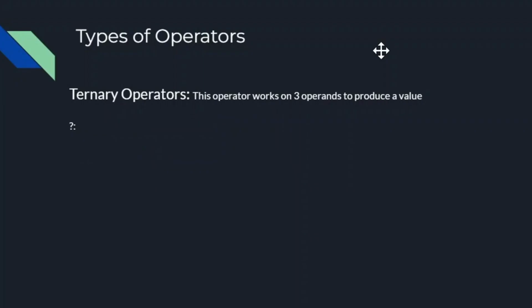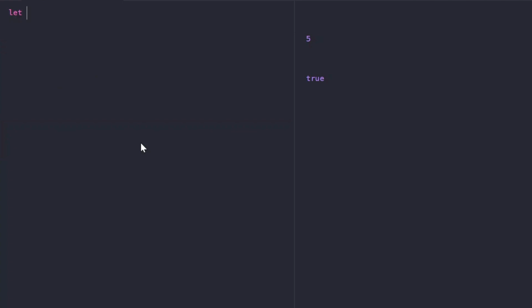Then we're introduced to the ternary operator, which works on 3 different operands. Now let's look at this in action. So I'm going to set my name to stone.